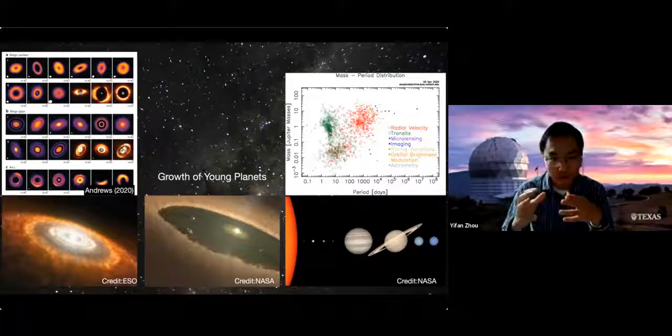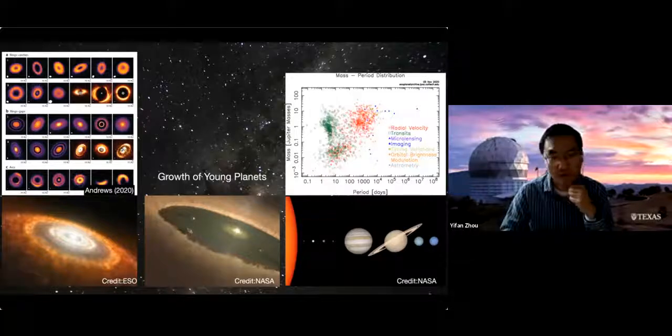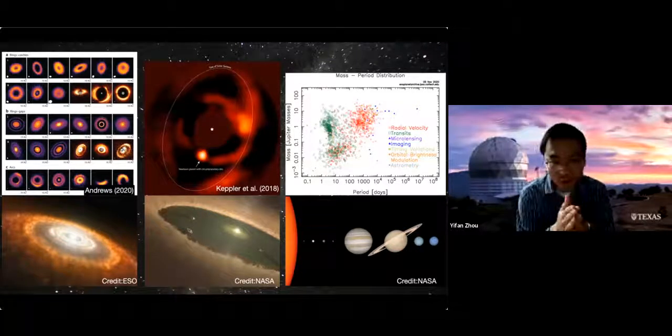Those properties of mature systems are also a consequence of the formation and evolution of the planetary system, and we can use them to trace all the way back to their formation phase.